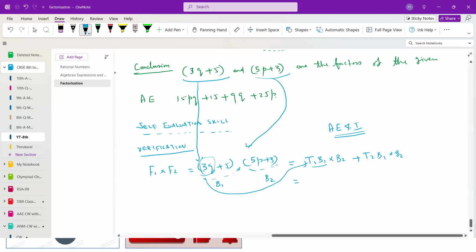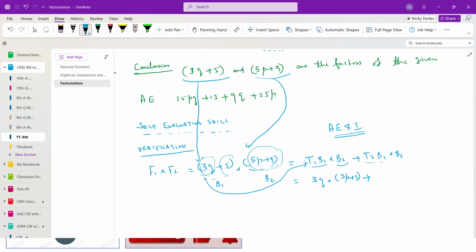Okay, so we'll write it as 3q into what is binomial 2? This is binomial 2, that is 5p plus 3, plus term 2 of binomial 1. What is that? This is plus 5. So we'll write it as 5 into what is binomial 2? That is 5p plus 3.